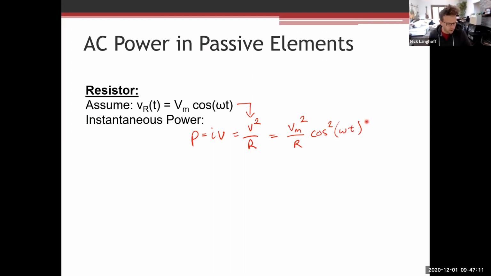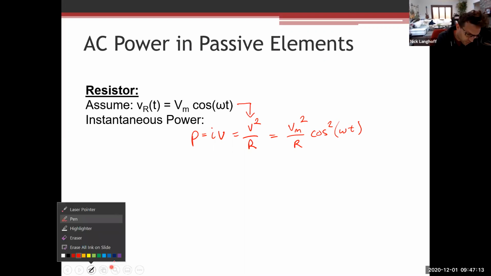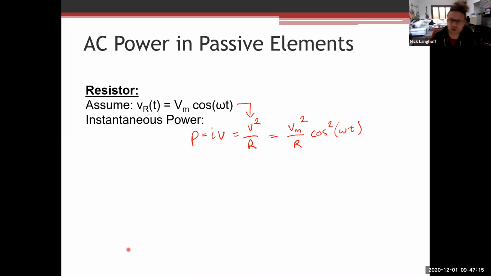All right. We'll remind ourselves of a couple of useful trig identities that we'll be using in this lesson just to simplify some of the analysis. You'll recall that the square of the cosine of an angle, there's a trig identity that says that's equal to 1 plus cosine of the double angle 2x, all divided by 2.